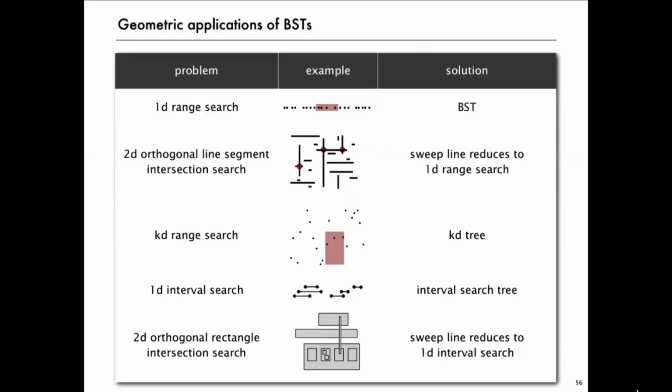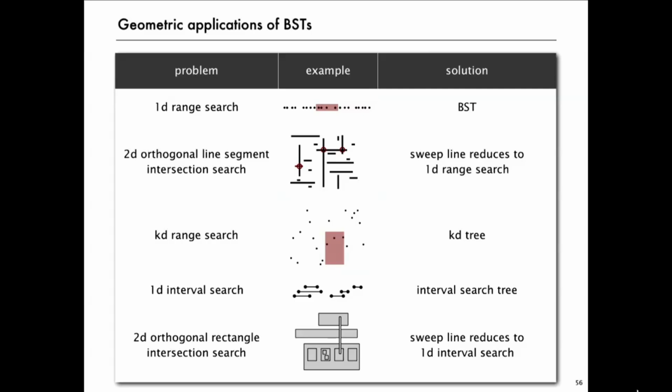So here's our summary of applications of binary search trees for geometric problems. We started with one-dimensional range search and just used a regular binary search tree to compute ranks to get the answer. But that, as the basis, we were able to solve the two-dimensional line segment intersection search using the sweep line algorithm.